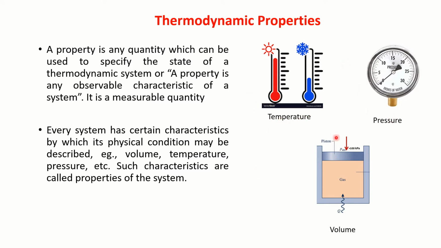Pressure can be one of the coordinates. Volume can be one of the coordinates. So thus we can say a property is any observable characteristic of a system, or it is a measurable quantity. As I mentioned, volume, temperature, pressure, etc. can be called properties of a system.